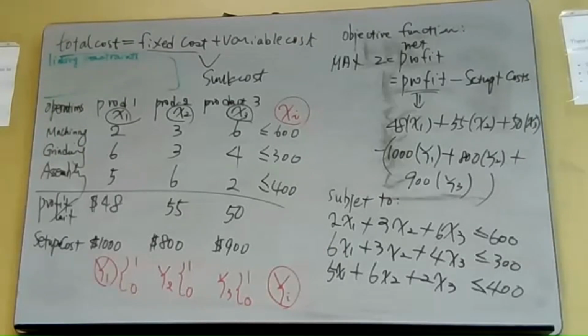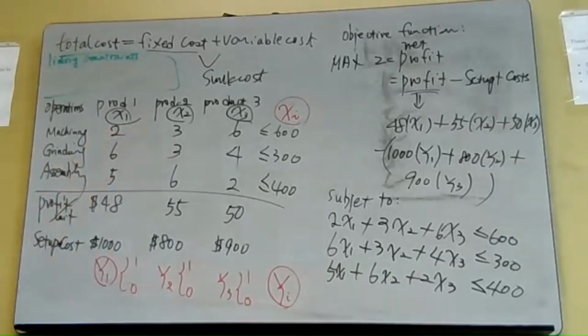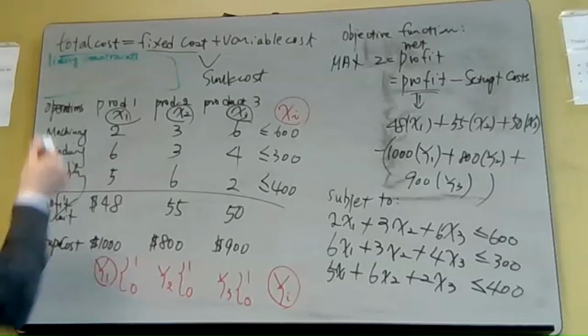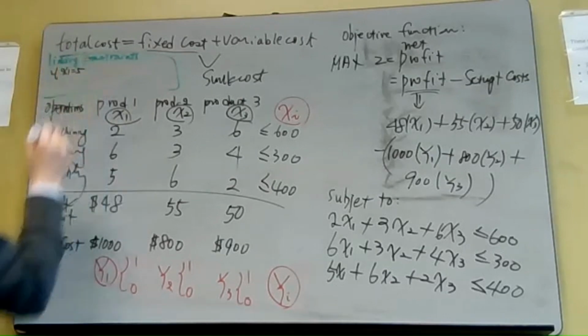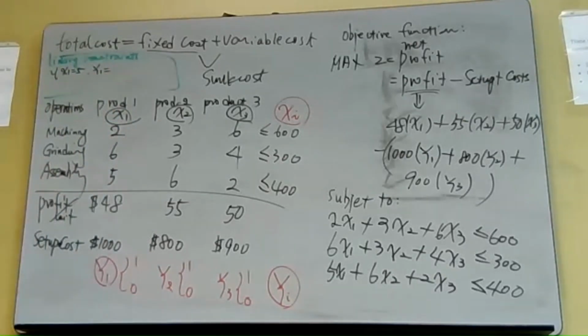How do you define that in a math formula? Okay, for example, if we produce 5 of product 1, if x1 equals 5, then y1 should be 1, right?